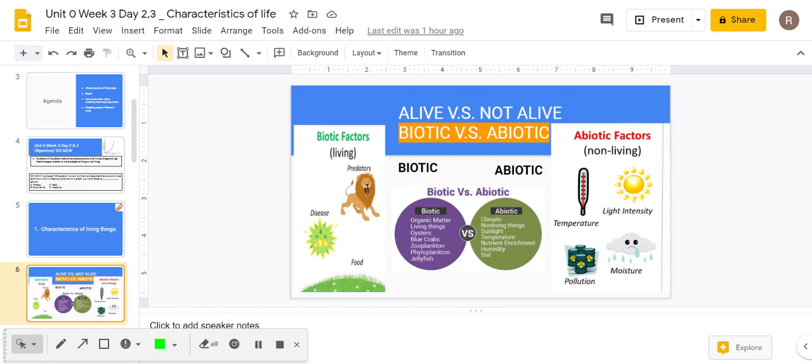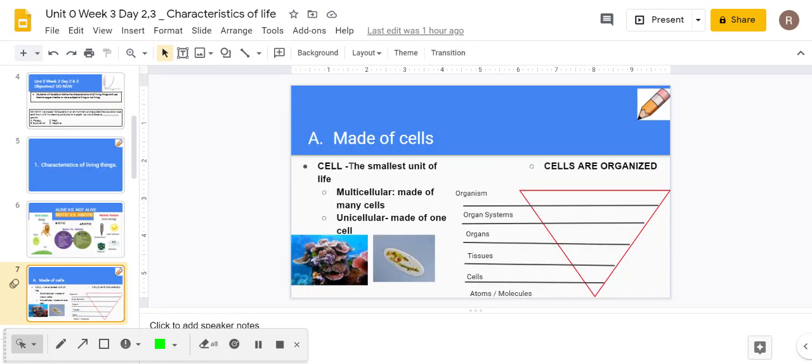What is the absolute list of qualities that something must have in order to be considered alive? So right now we're going to make a list of all the things that are necessary in order to be considered alive. Each slide will have a different part and some notes associated with what it looks like, so please be prepared for that.